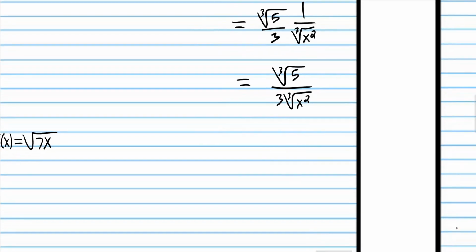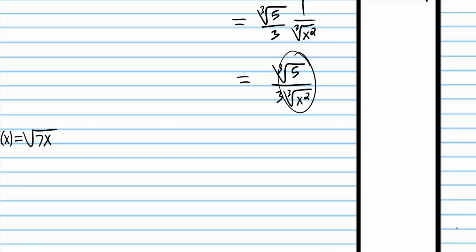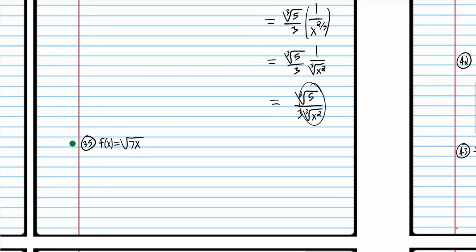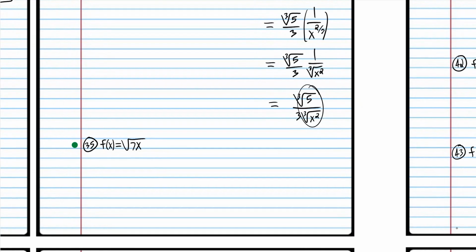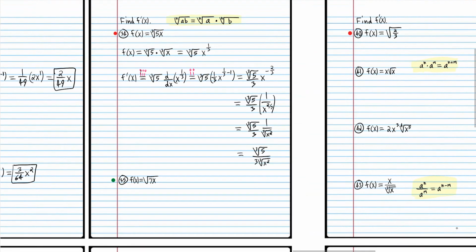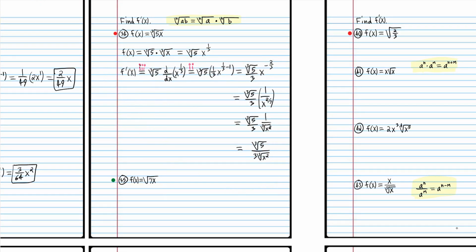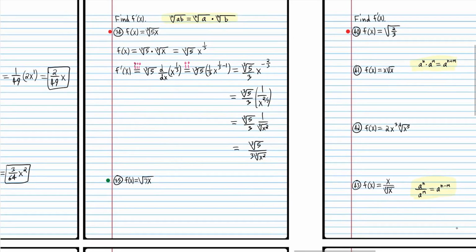We could combine that to one big cube root, but we're out of room, and it's not really necessary. So I'm going to leave it in that form there. So I want you to try number 35, and when you come back, we'll do it together.